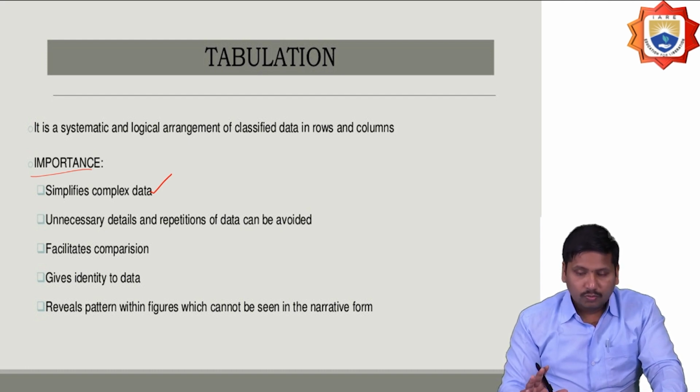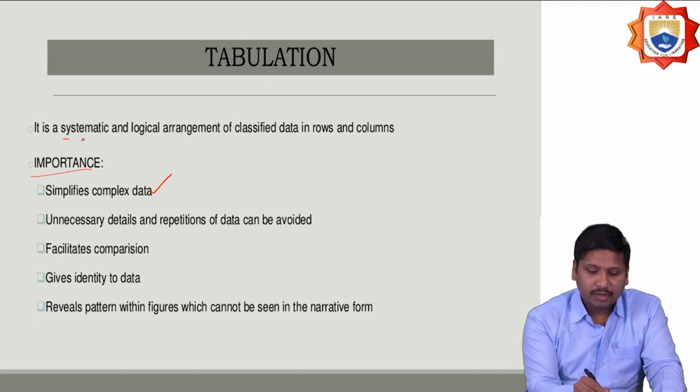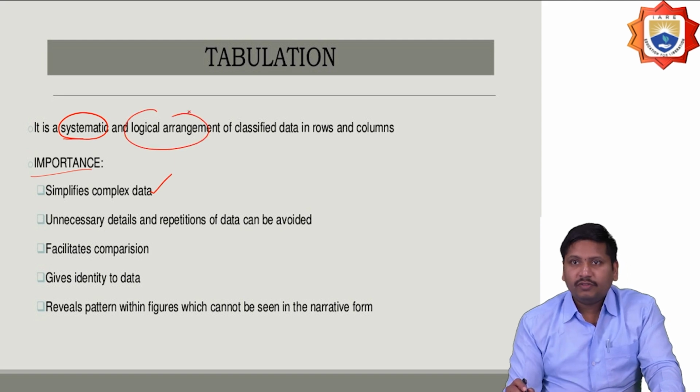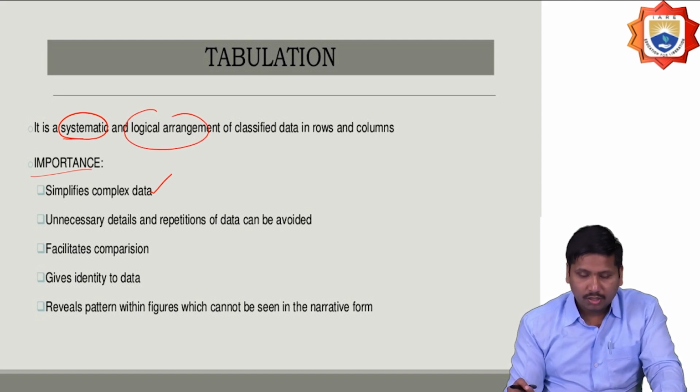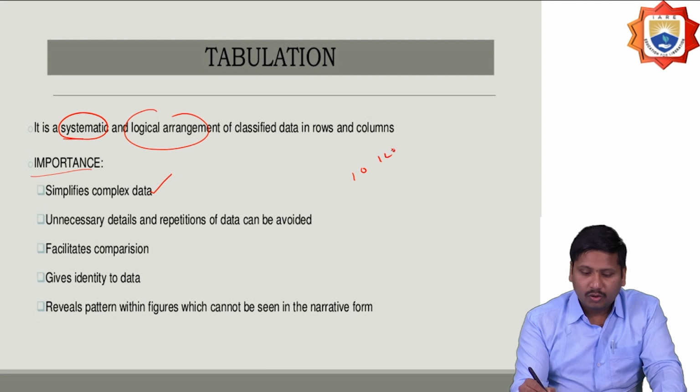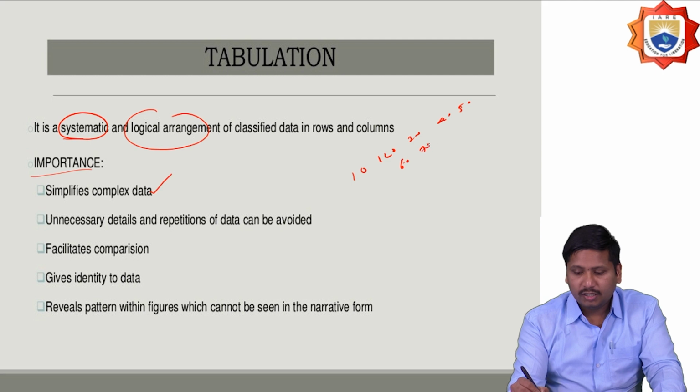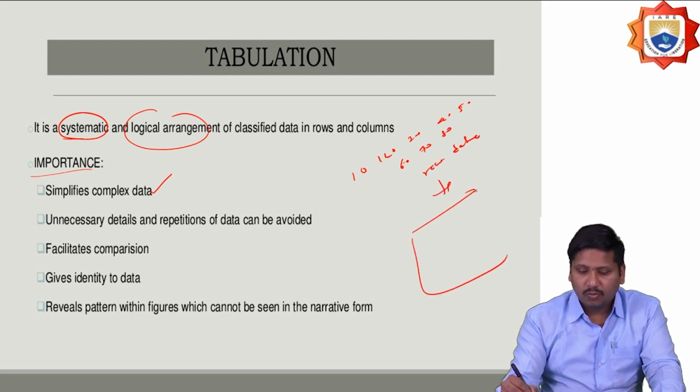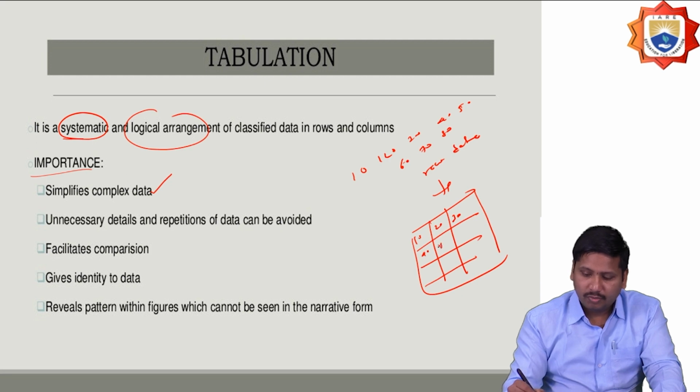So what does this mean? Tabulation is nothing but the systematic and logical arrangement of the classified data into rows and columns. And what is the importance of this? The data I get should be organized. Normally, the data I get is very complex, what we call raw data, and this raw data can be given some structure, so that unnecessary details and repetition can be avoided.